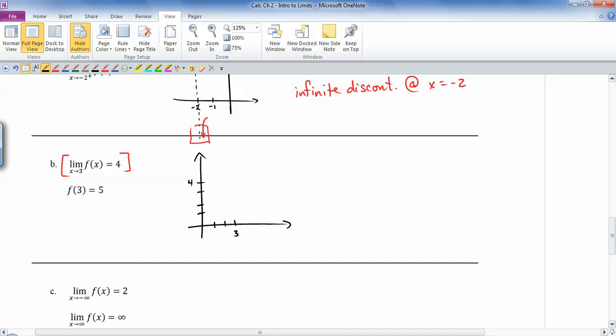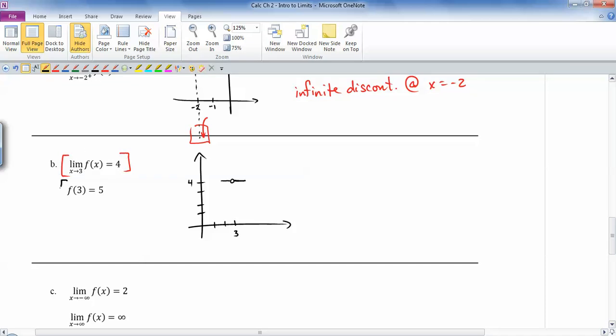Since there's no plus or minus next to 3, it means both. So if we interpreted this first as x goes to 3 from the left side, the value gets close to 4, then we know that the function comes in around 3 and is close to 4, just like that on the left. And if we interpret it now as from the right side, then we've got that going on.